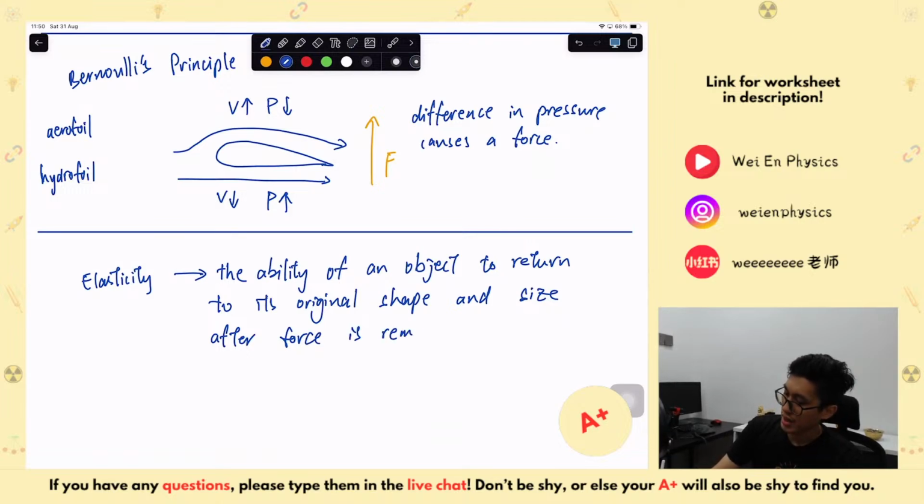Can your object go back to the original shape and size or not? If it can, that means it's elastic. If it cannot, then it's not elastic. So like a spring is elastic.